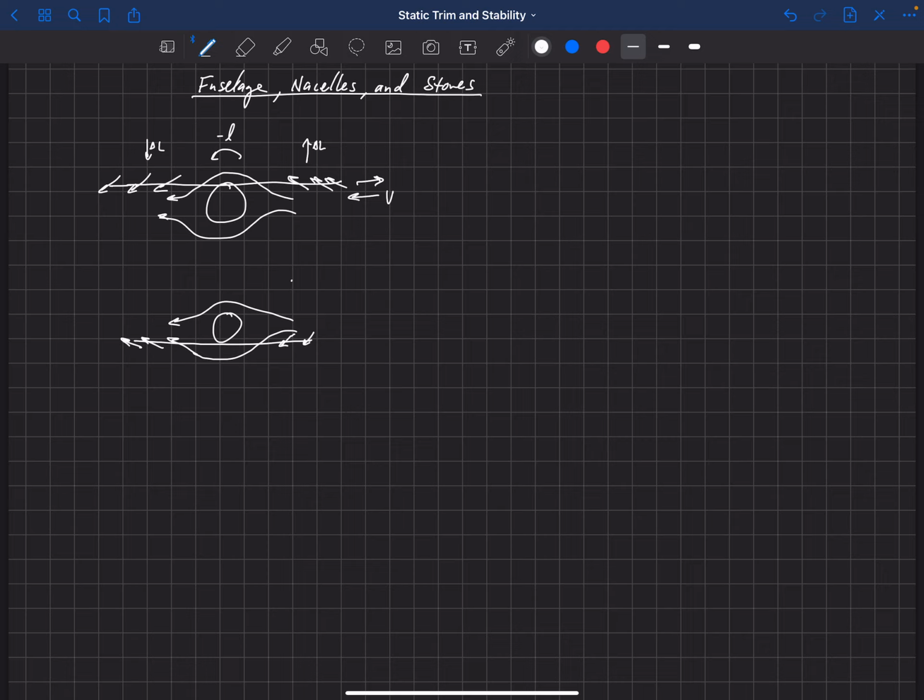Okay, so our delta L on the right hand side would decrease, and our delta L on the left hand side would increase. And so this would create actually a positive rolling moment with positive side slip.